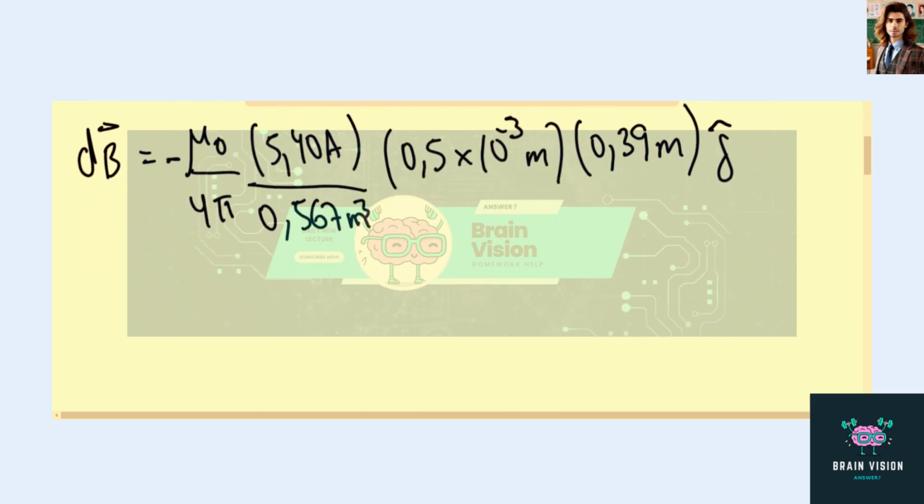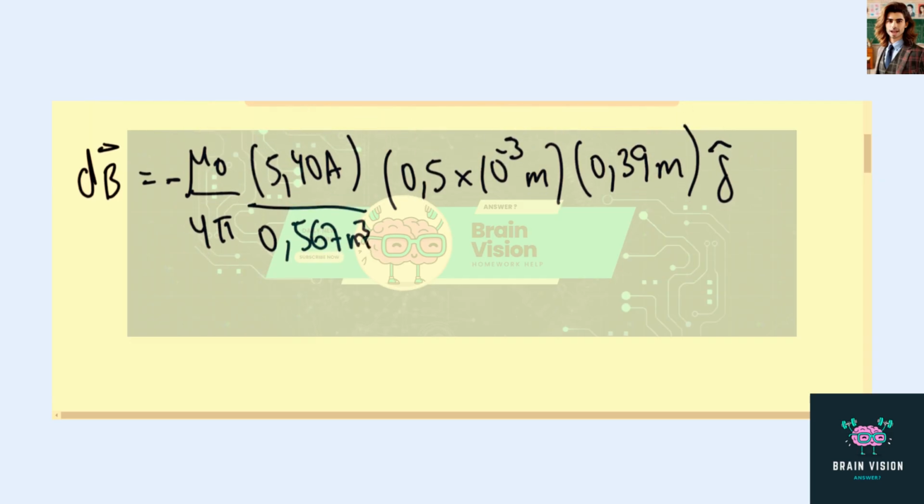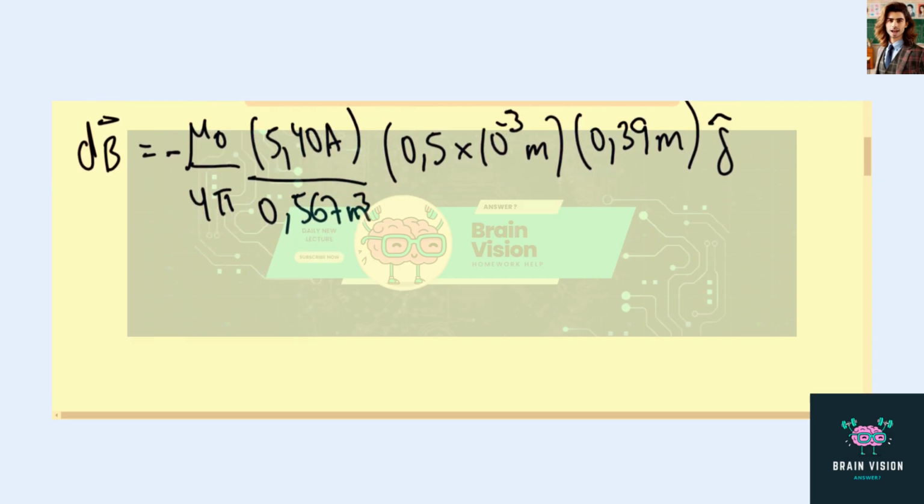So with this, we just need to simply put the values of mu sub 0, and the value for mu sub 0 is 4 pi times 10 to the minus 7. So the 4 pi goes away with the 4 pi in the denominator. So we will obtain 10 to the minus 7.